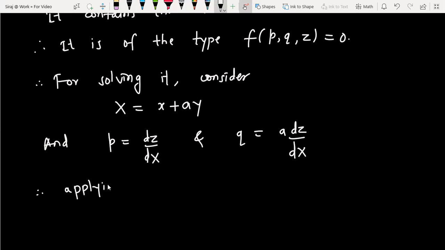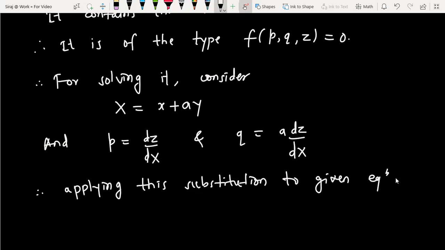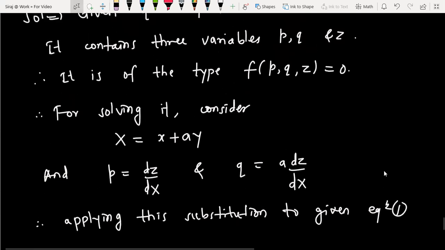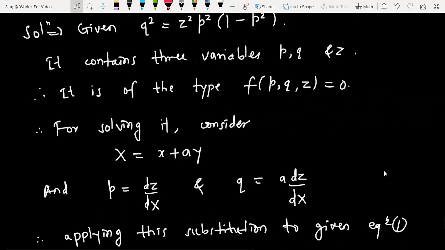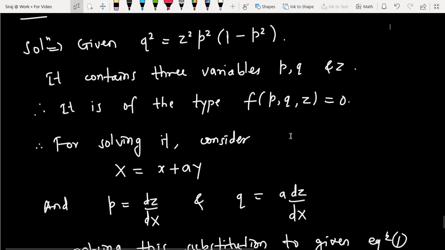Applying this substitution to the given equation 1. Let's check it. What is the given equation here? So it is the given equation.